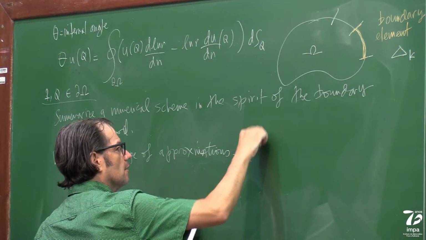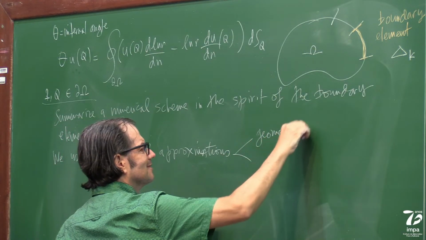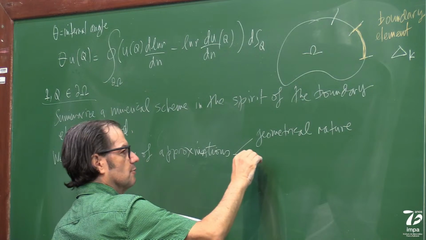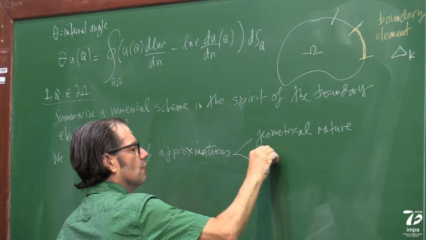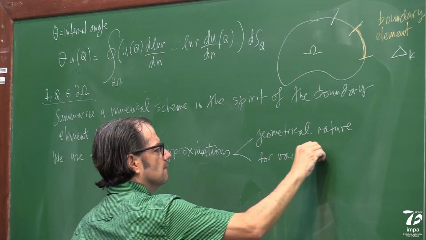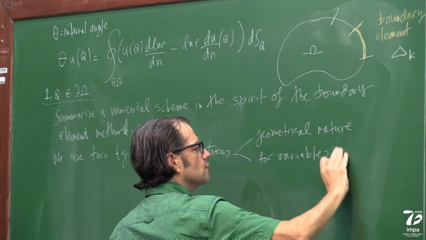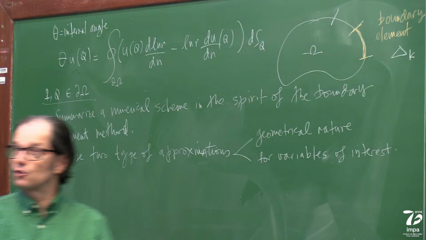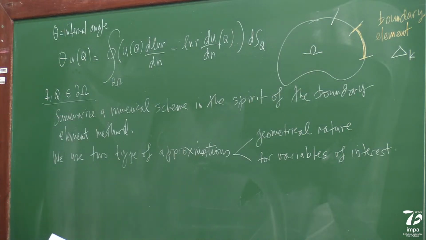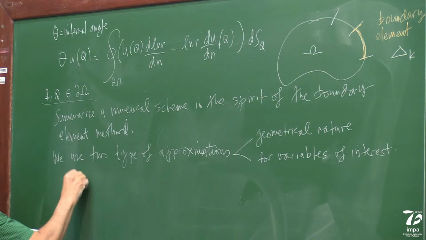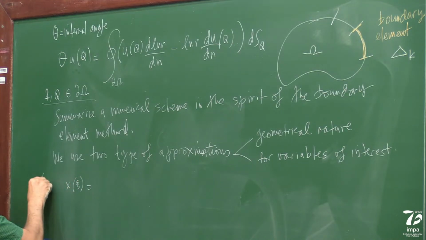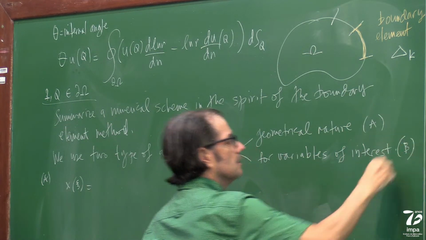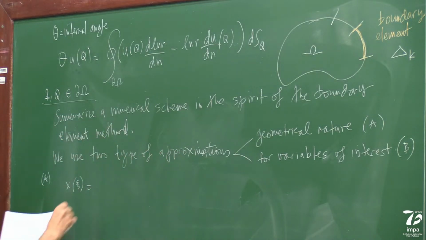One is of geometrical nature, that's what I mean by types, I couldn't figure out a better way, and the other is for variables of interest, meaning Neumann and Dirichlet data. So the first one is the geometrical one. Let me call them A and B.